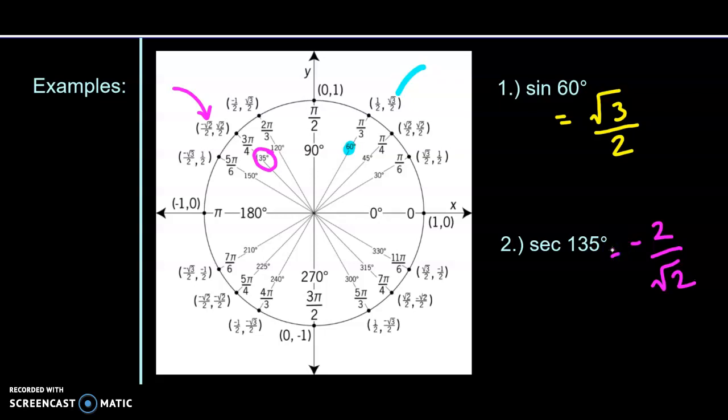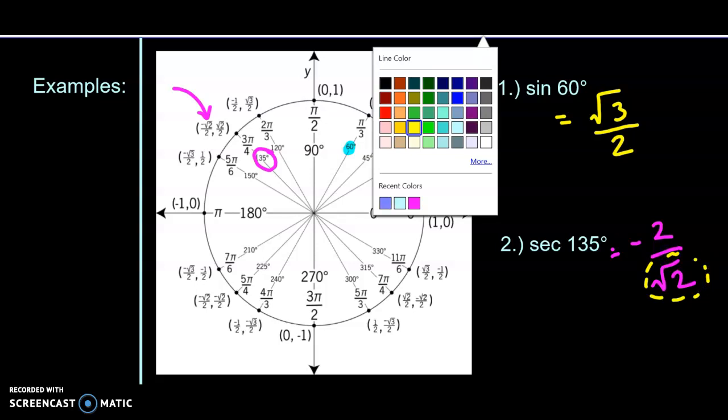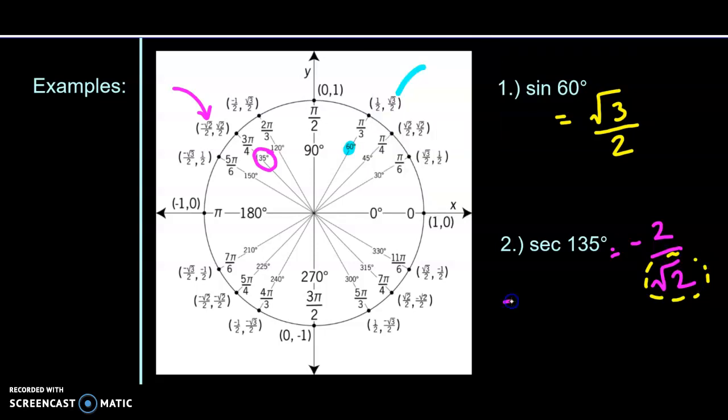But remember, in math, we don't have radicals on the bottom. What do we do when we have a radical on the bottom? We end up taking and multiplying by the same radical, right? Radical 2 over radical 2.